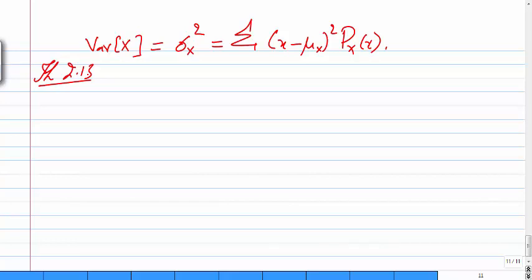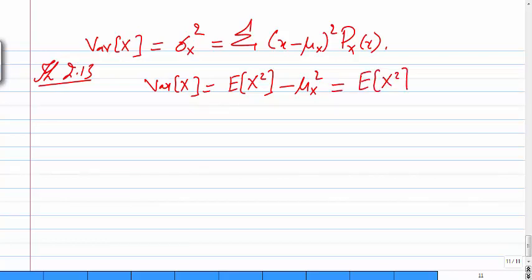It says that the variance of a random variable is equal to the expected value of X square minus the square of the expected value, that is, expected value of X square minus square of expected value. So this is the way you can calculate the variance.